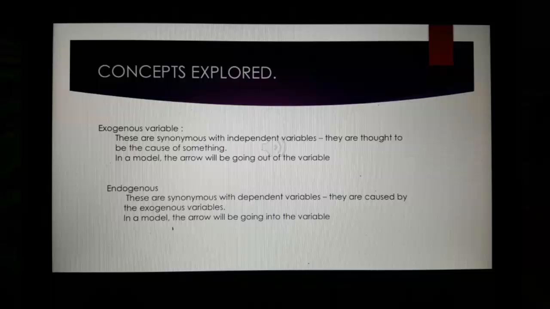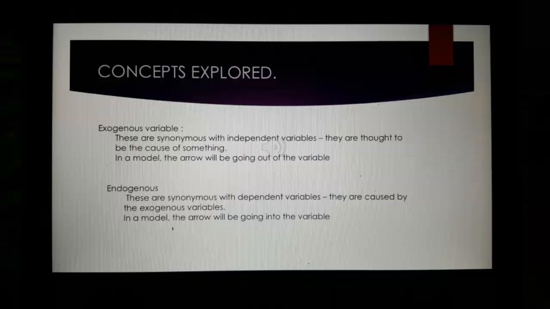Okay, so firstly, in order to understand how SEM works, we need to understand the basic concepts of SEM variables, and they are as follows. The first one is the exogenous variable. These are synonymous with independent variables. They are thought to be the cause of something.